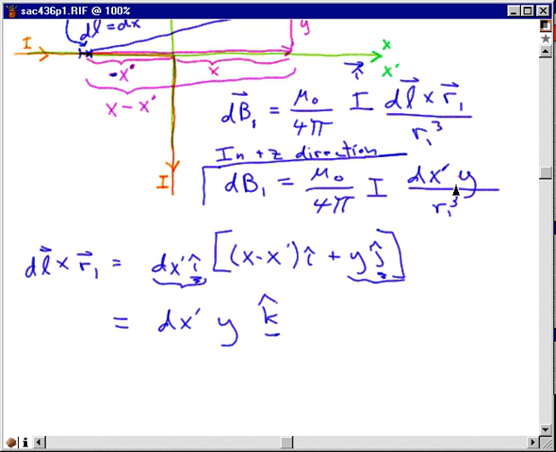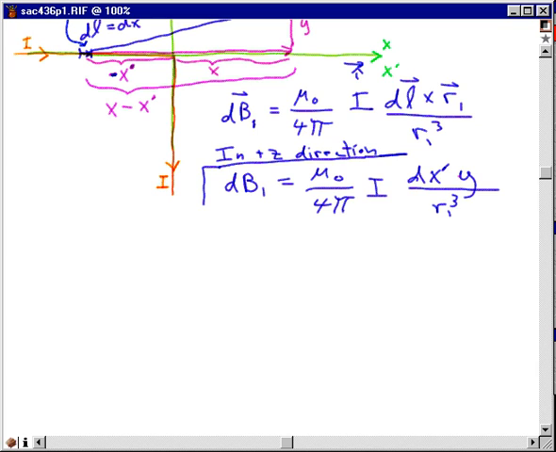But I'm just dealing with a magnitude here, and that's exactly what we said. That would be a vector dB1 in the plus Z direction, this whole thing multiplying K hat, and hence we get the same result, whether we argue this at a conceptual level or we look at it in terms of IJK notation.